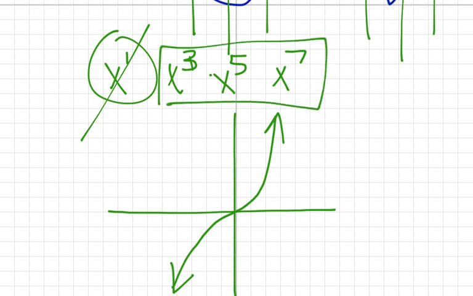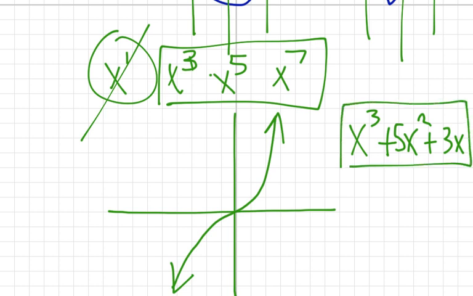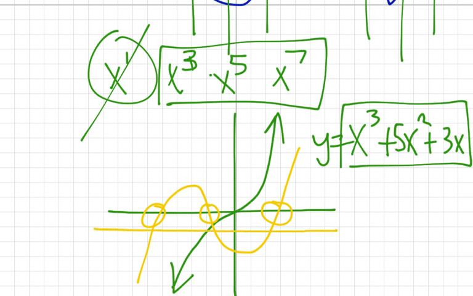Now these graphs are not always one-to-one. For example, if I had x to the third plus 5x squared plus 3x, and so on, this particular graph would actually do some squiggling like that, where you've got three places where a horizontal line would cross.